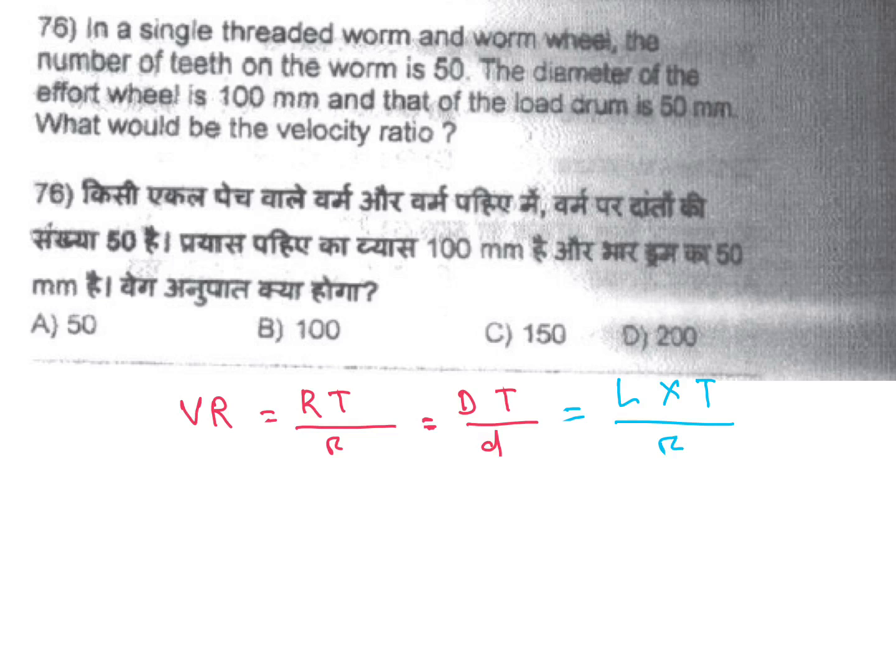So in this question, capital R is diameter of effort wheel 100 into number of teeth on worm, it's 50, divided by small r, here given load drum diameter we will take, small d is 50, so 100 we will get as velocity ratio.